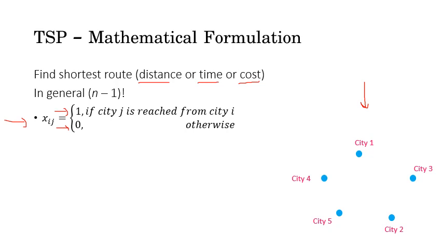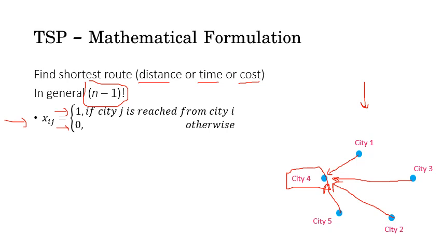Okay, the meaning of this is that if you pick any particular city, let's say for example we pick city 4, and then we consider all the possible ways of approaching this city, then those ways are like this. I can approach city 4 from city 1. I can approach city 4 from city 3. City 4 can also be approached from city 2 and can also be approached from city 5.